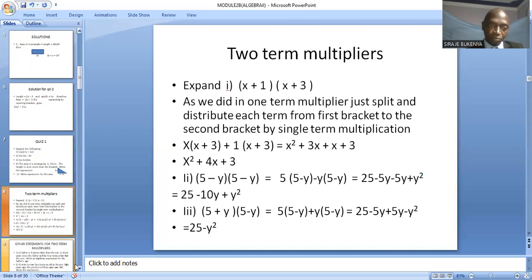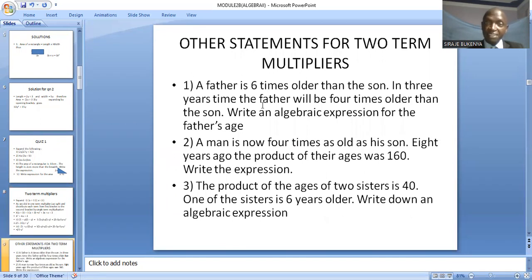You can also use statements. A father is 6 times older than the son. In 3 years' time, the father will be 4 times older than the son. Write a different expression for the father's age. You can do that by still using that concept.